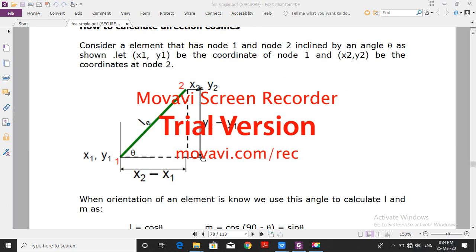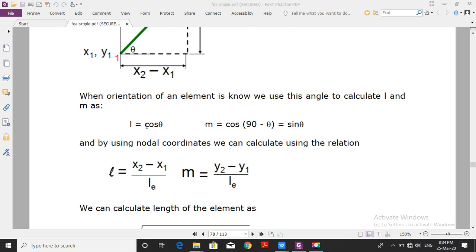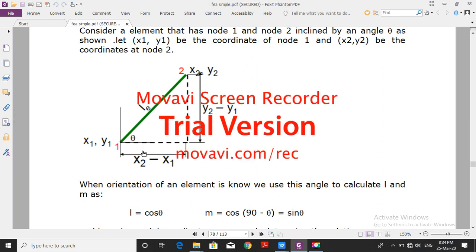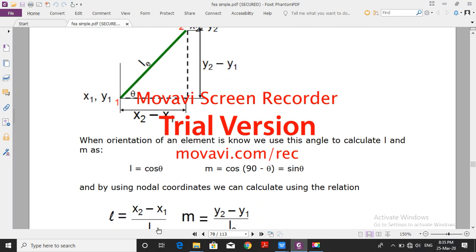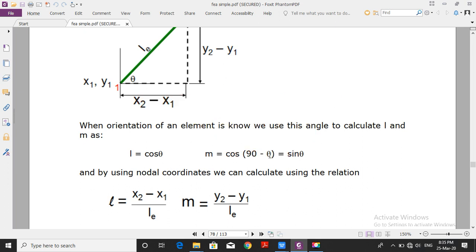Here we have considered l as cos theta. So cos theta will be equal to the adjacent side, that is x2 minus x1 divided by le, and here m, that is sin theta, is equal to the opposite side, that is y2 minus y1 divided by le.